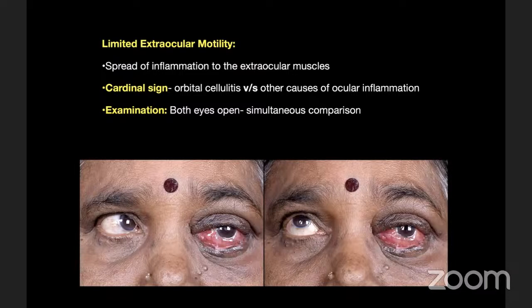Now, this becomes one of the cardinal signs of orbital cellulitis when you're trying to differentiate it from other causes of ocular inflammation, when there is extraocular motility restriction. Now, when we clinically examine this, it is always important to examine keeping both the eyes open, especially in unilateral cases, because that would allow us simultaneous comparison, and we could also grade it accordingly and see how much worse it is from the normal looking eye.